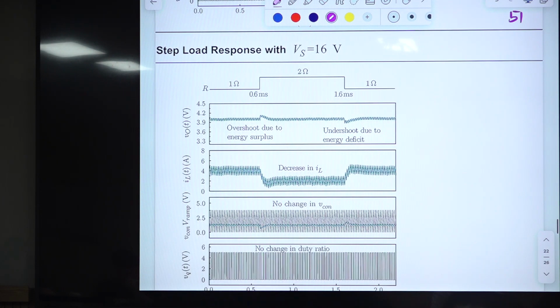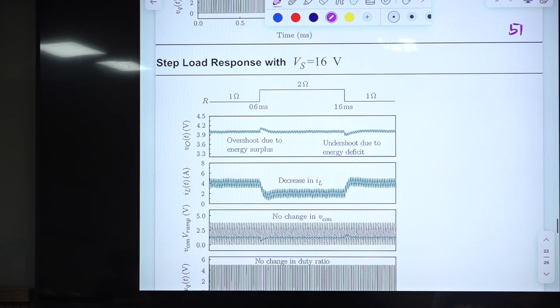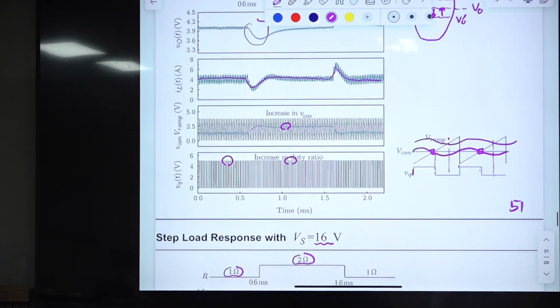This is another one. Now, input voltage is fixed, and this is increased. Okay. Oh, let me write down this.